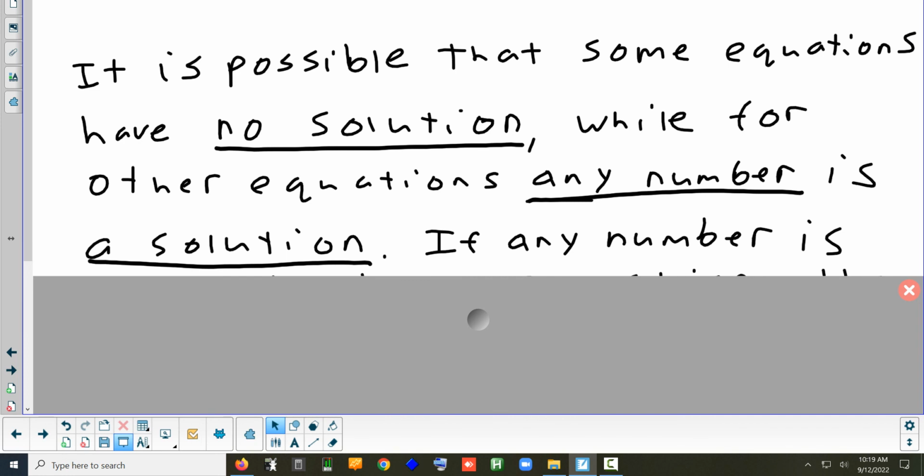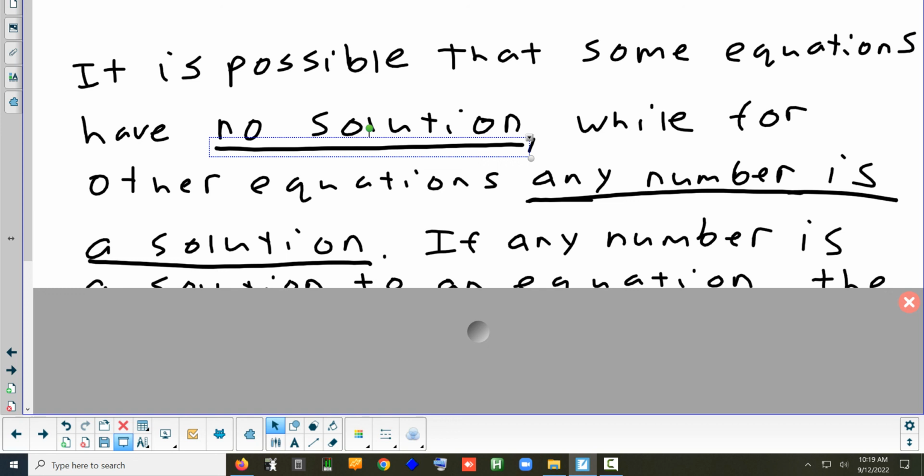So there's really three different types of cases. The type of case we've been doing all along, which has a single number as an answer, just like the last problem. There are some equations you try to solve and you don't get an answer. That's the second type. And the third type is where any number is a solution.